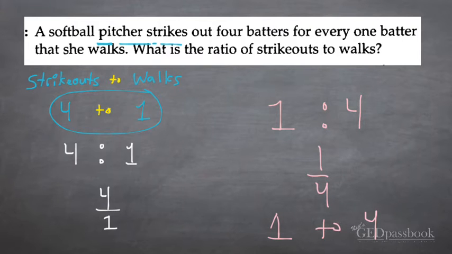That is incorrect. That is a completely different ratio. If the question asks, what is the ratio of strikeouts to walks, you have to write it out as strikeouts to walks. If the question were to ask, what is the ratio of walks to strikeouts, then this would have been correct.